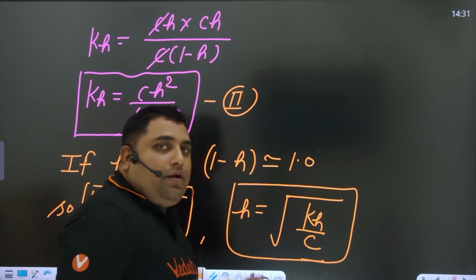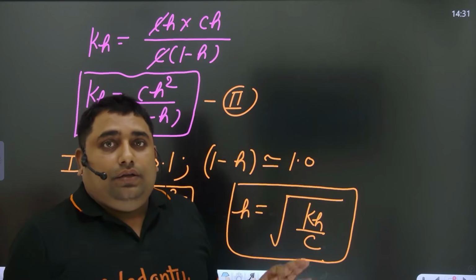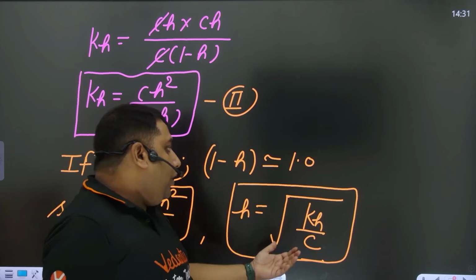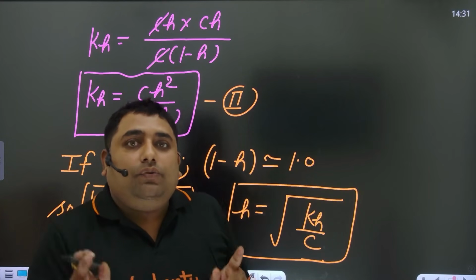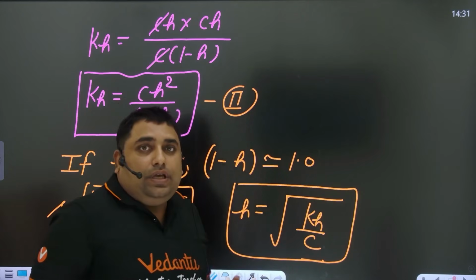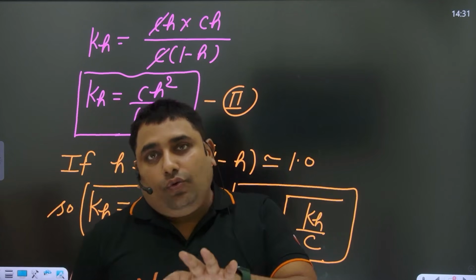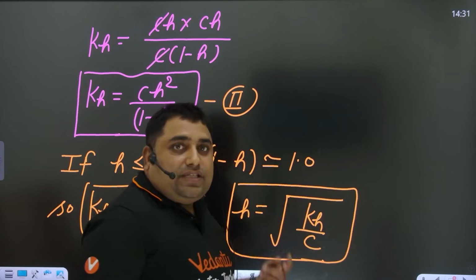So in this way, you are able to calculate the value of degree of hydrolysis. So degree of hydrolysis of this anionic salt is equal to under root Kh by C, where Kh is the hydrolysis constant. Now we have to see how to calculate Kh, because in the question the C value is given and the Kh value is not given.